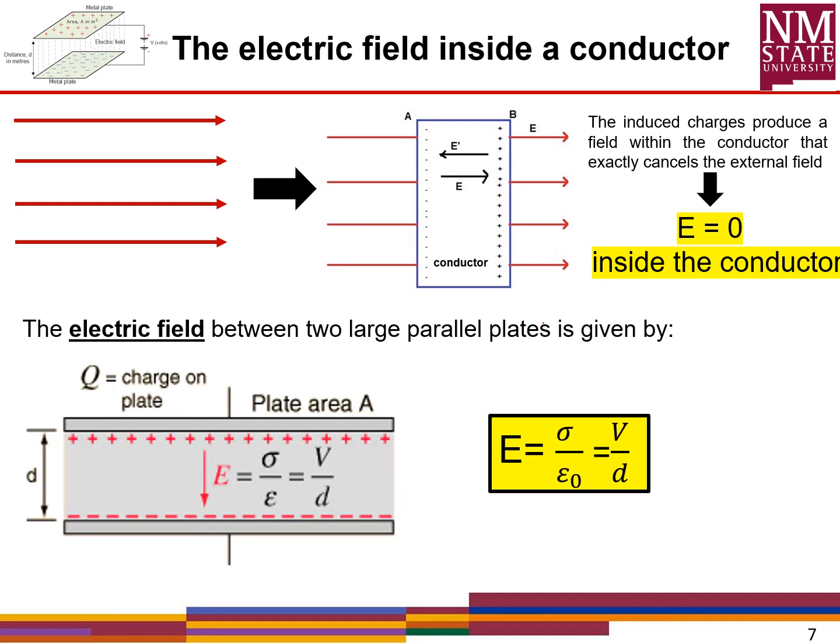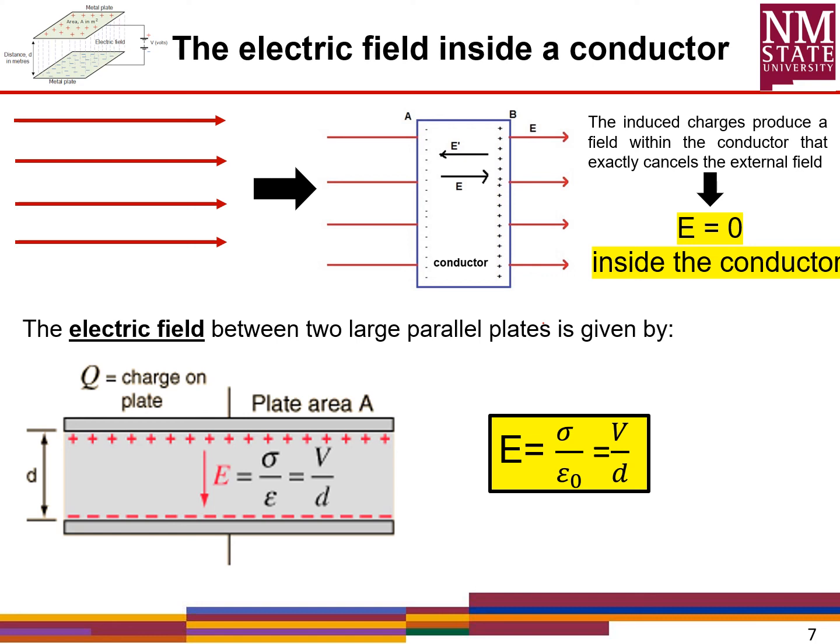So finally, we found the electric field near a conducting plate. You can see this is the parallel plate capacitor. Here you have two plates, parallel to each other, and the electric field between these two large parallel plates is given by this equation, which we already derived. The electric field between these two plates is equal to charge density divided by epsilon 0.